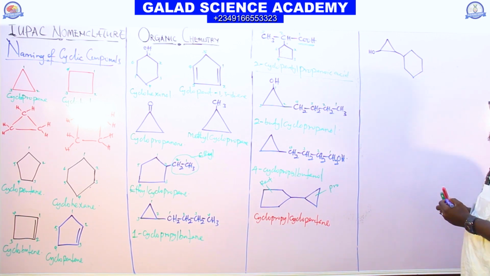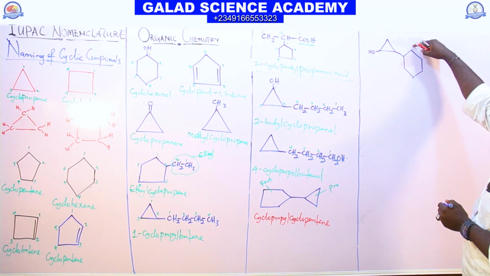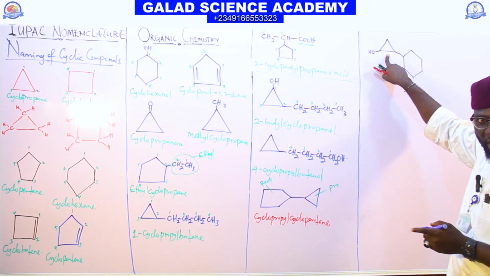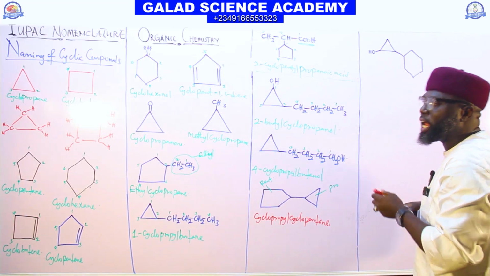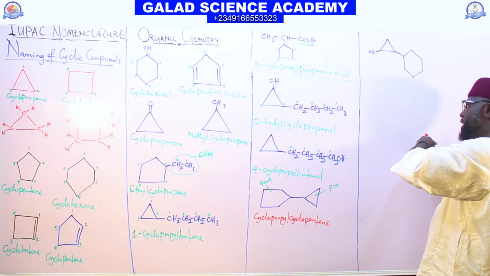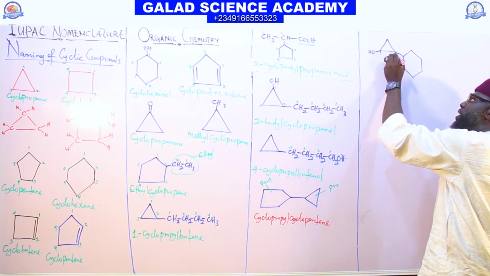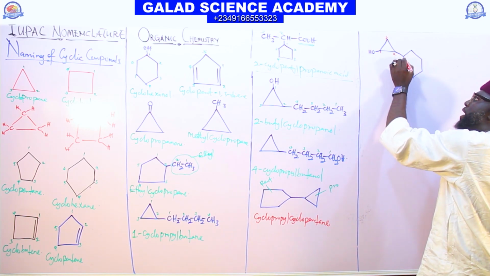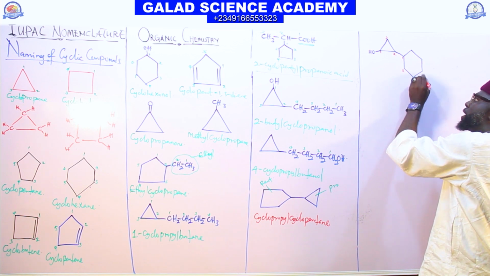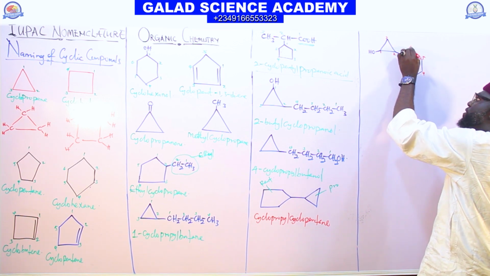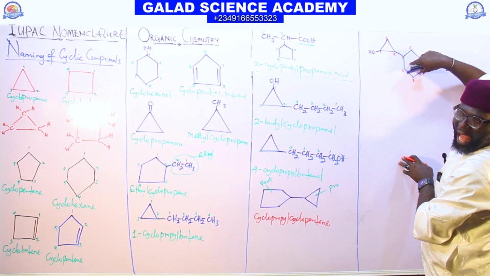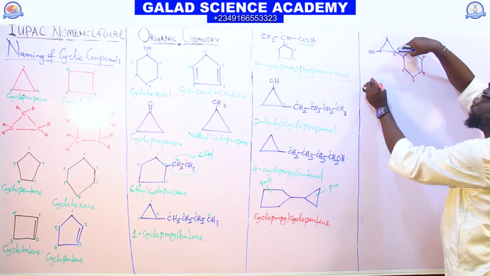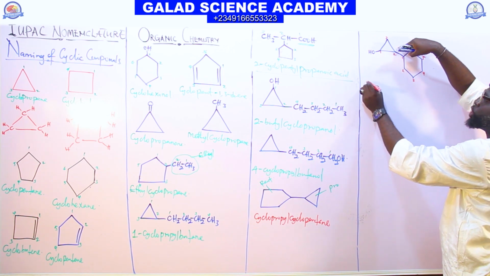You are not asked to name it. This one has 6, this one has 3. But mind you, we have a functional group here. So the functional group here will make what? These are the parent chain. 1, 2, 3. Here we have 1, 2, 3, 4, 5, 6. So this one serves as substituent group, attached to the second carbon. We now call the name of this compound what?